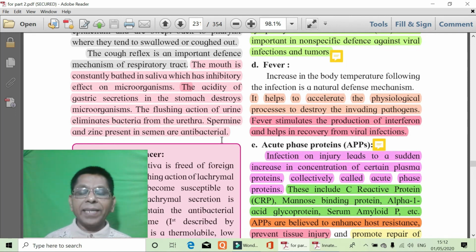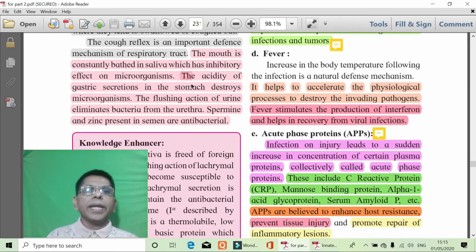The bacterial species: number 1, Streptococcus mutans, number 2, Actinomyces species, and number 3, Porphyromonas gingivalis. The fungal species common in our oral cavity is Candida albicans, and the protozoan common in our oral cavity is Entamoeba gingivalis. Some viruses also found in our oral cavity are herpes virus and cytomegalovirus.